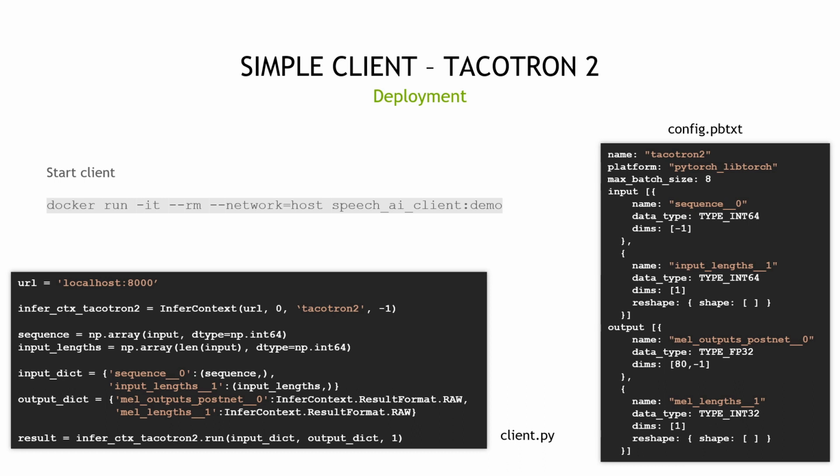Those inputs are then used to construct the input dictionary. We also have the output dictionary for the outputs, where we specify that the results should have no format. And at the end, we run the inference.